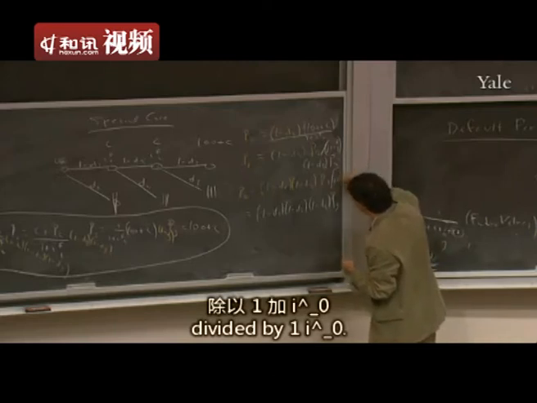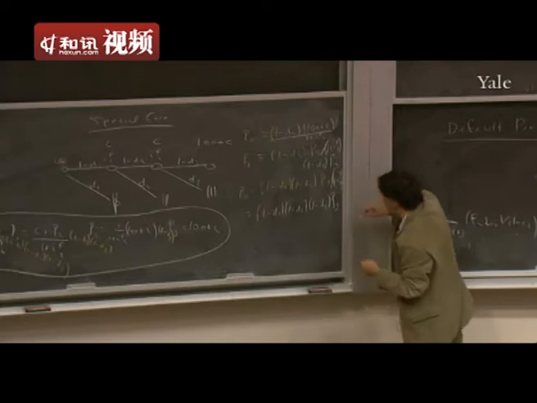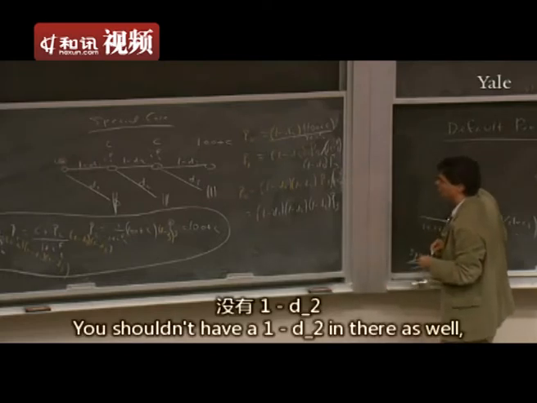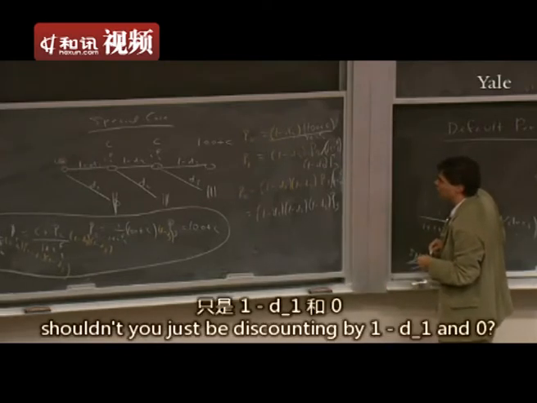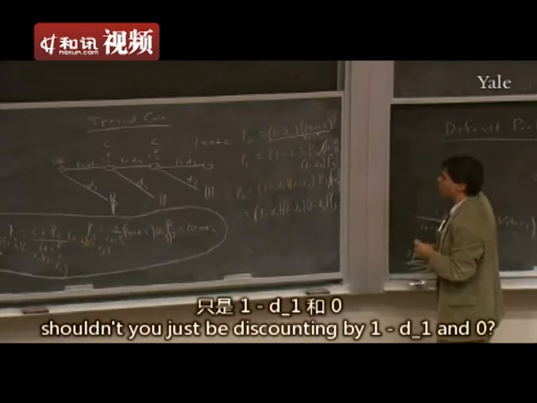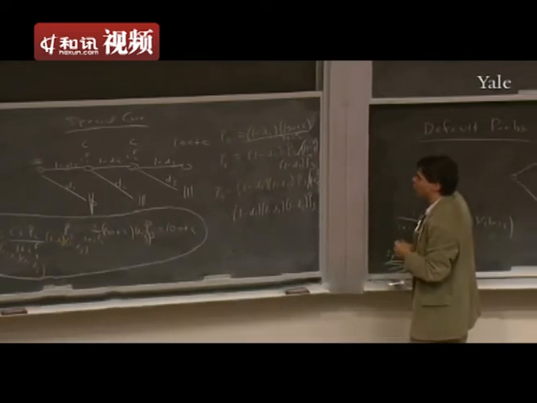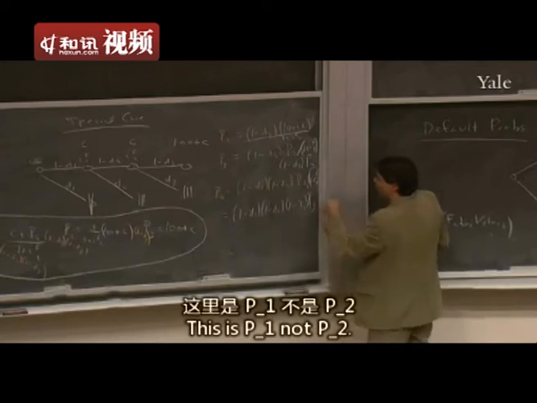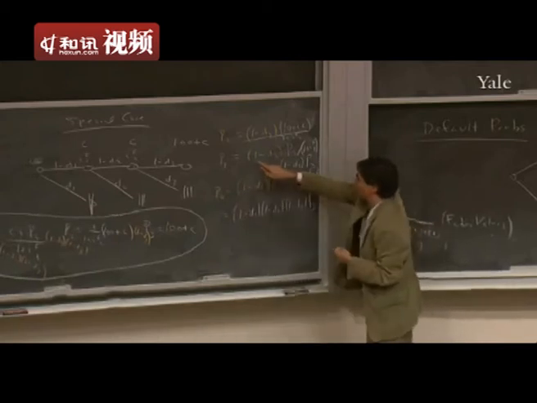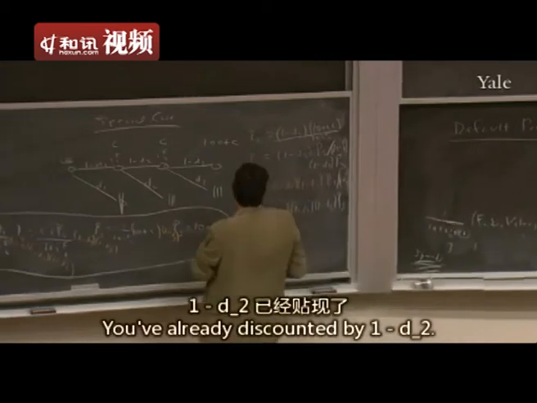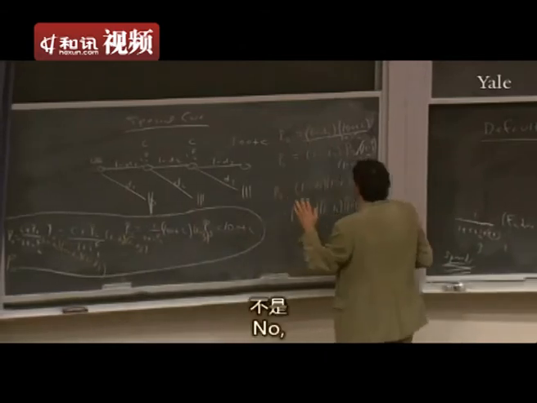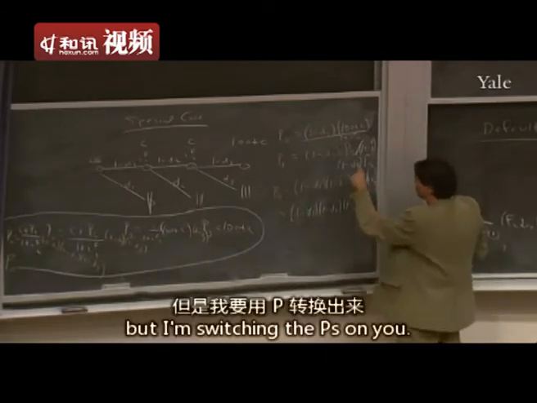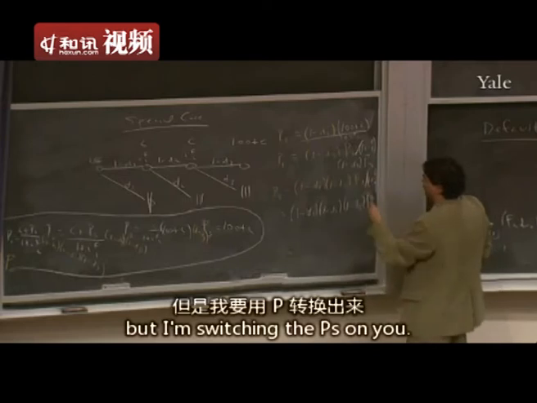You shouldn't have a 1 minus D2 in there as well? Shouldn't you just be discounting by 1 minus D1? I have 1 minus, this is P1, not P2. You've already discounted by 1 minus D2. Okay, but I'm switching the P's on you.